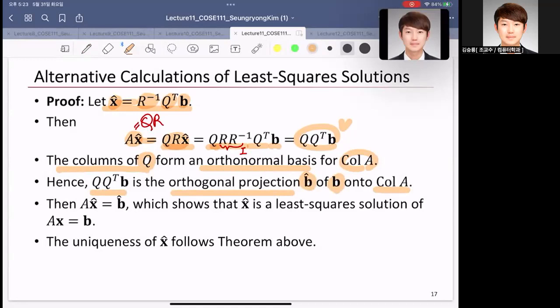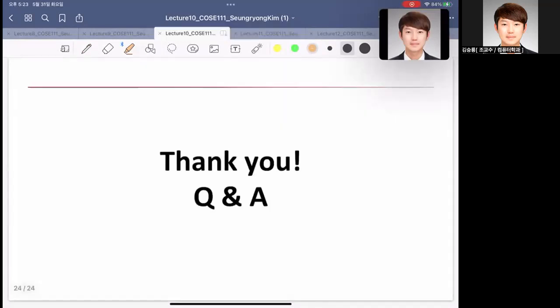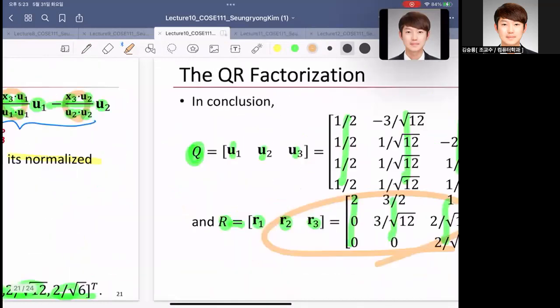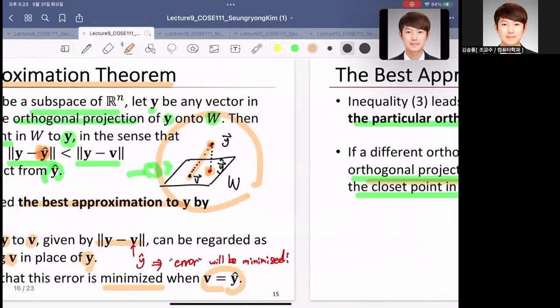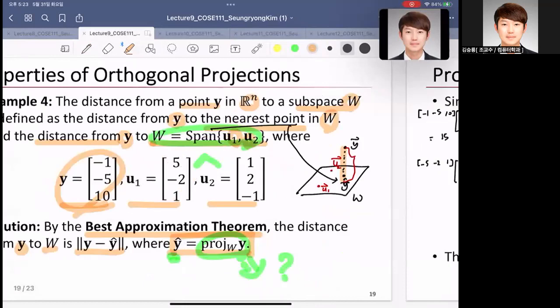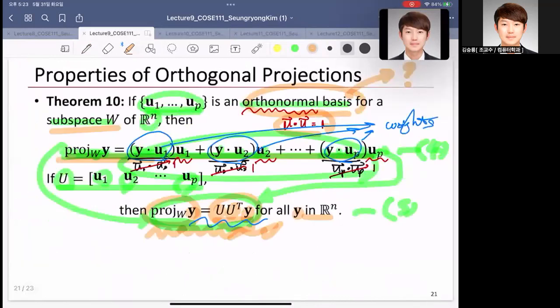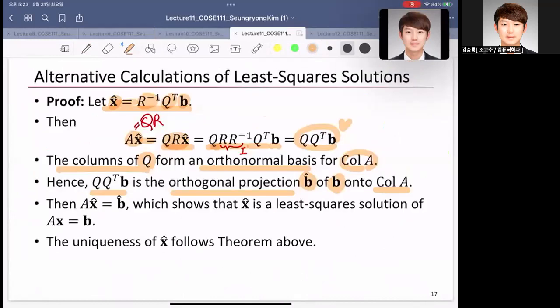We already talked about this one at the end of lecture 9 이었나? 그렇죠? So A x hat equals b hat, which shows that x hat is a least square solution of Ax = b.